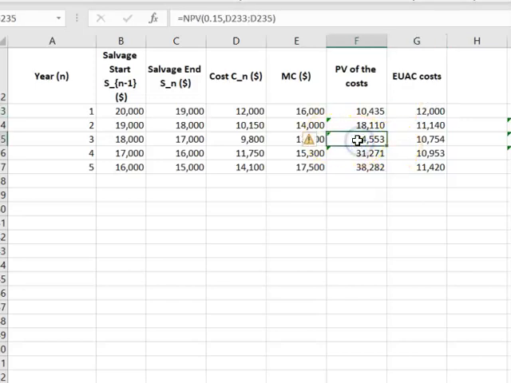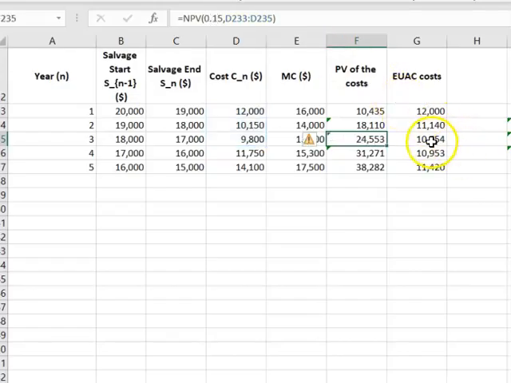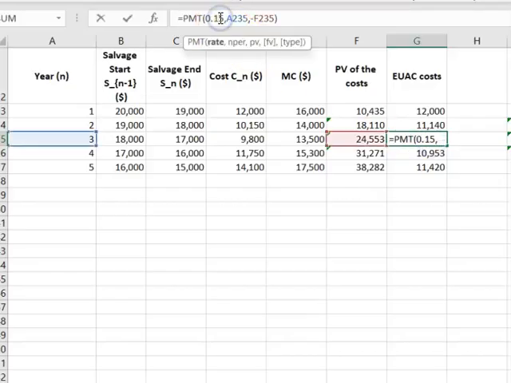As another one, we go for year 3, and we have 15% for the rate, number of periods, here is 3. I have selected the cell for that, and for the present value, here in this part of the function formula, you put the value you calculated in the previous step.